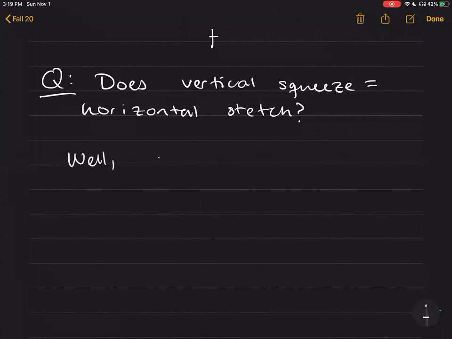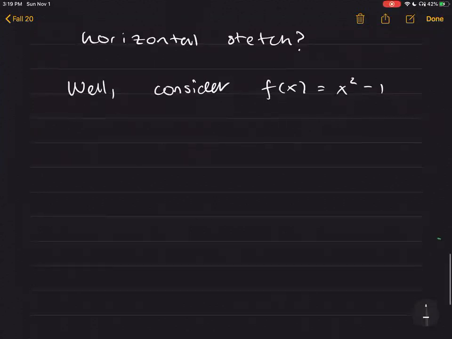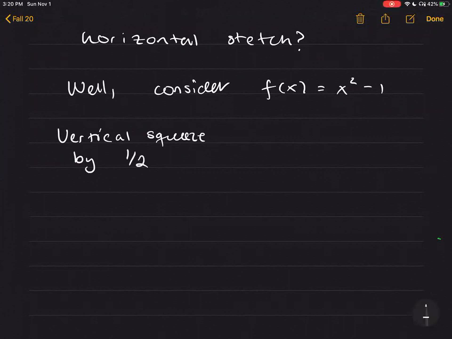So, well, consider. We're working with f of x equal x squared minus 1. Let's just stick with that one. And so let's say we wanted to do a vertical squeeze by a factor of 1/2.